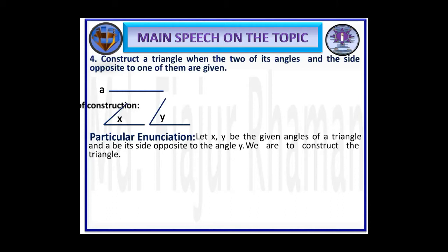And then steps of construction. Usually we consider any ray here. We have considered the ray AE. Then we cut off AB equal to A from the ray AE.